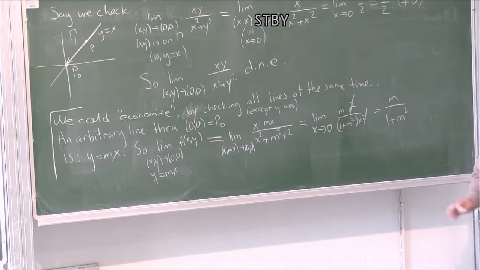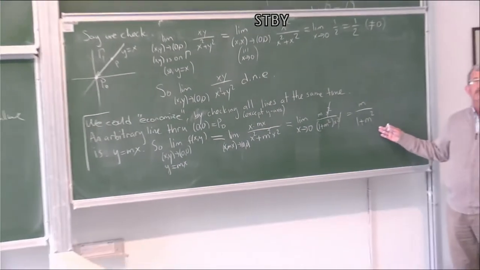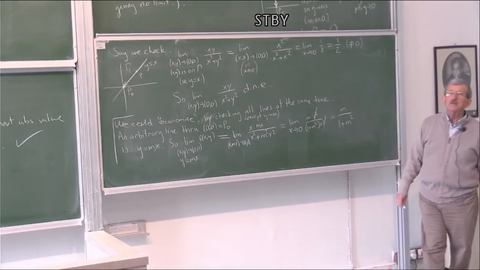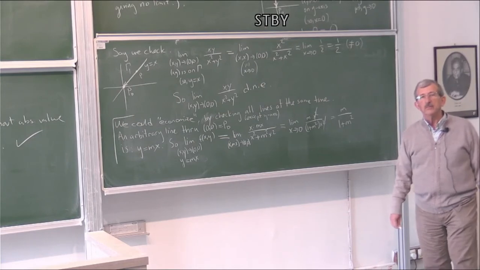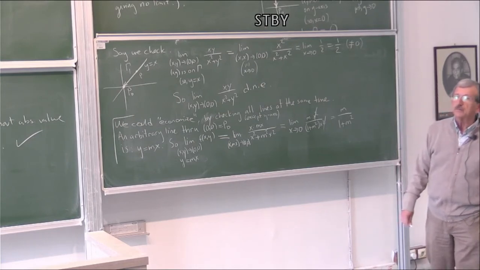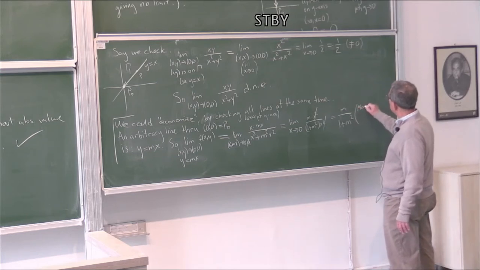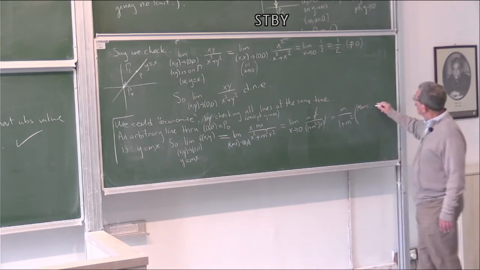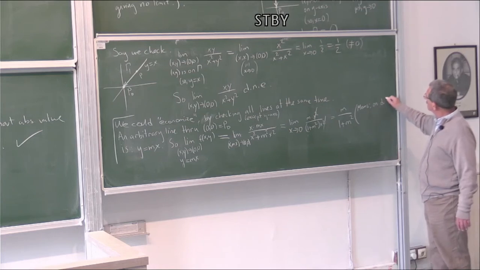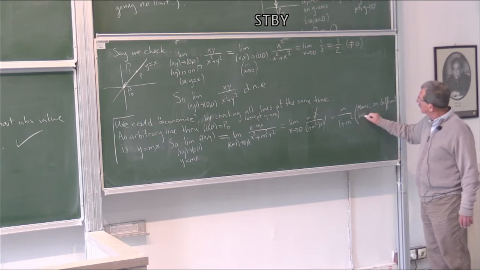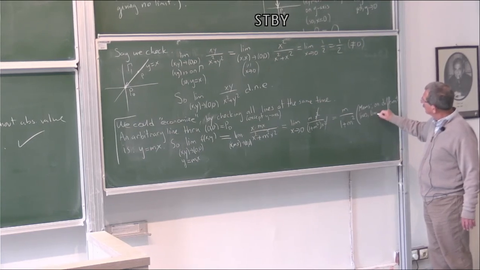Now, what does this tell us? It tells us the following. If we change the line, the limit value will change. That is, we don't get the same limit all the time. So this says there's no limit. Again, this means on different lines the limit value is different.